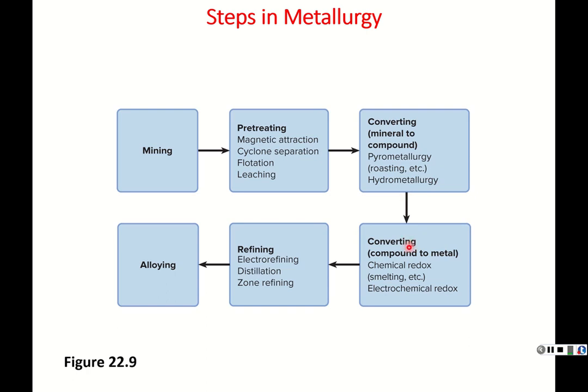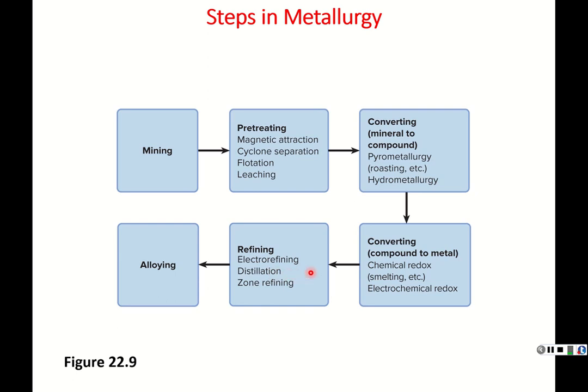You then take it to the next step, another converting step. So you take the compound into a metal. And this is via things like chemical redox or even electrochemical reactions. And then once you have the metal, you can refine it. There are some different refining methods here.